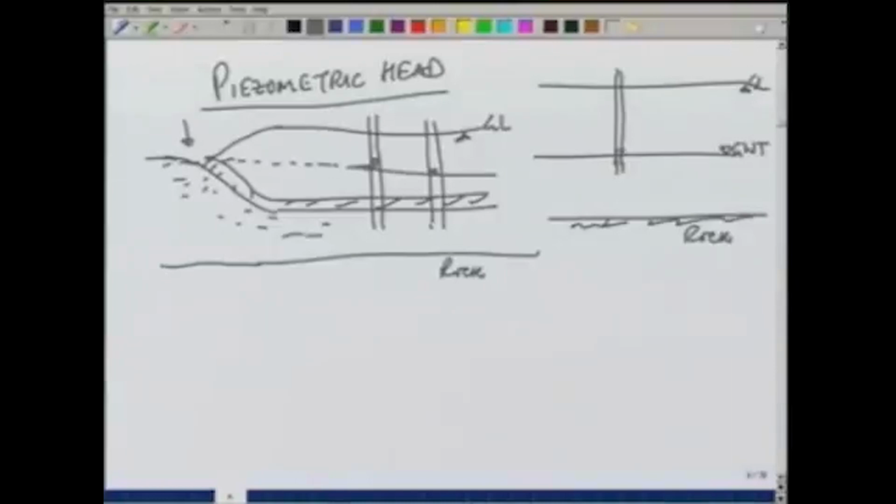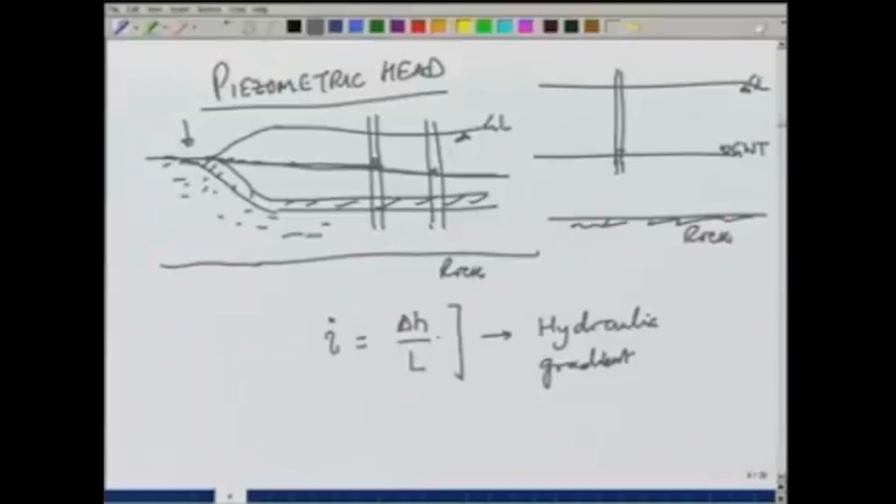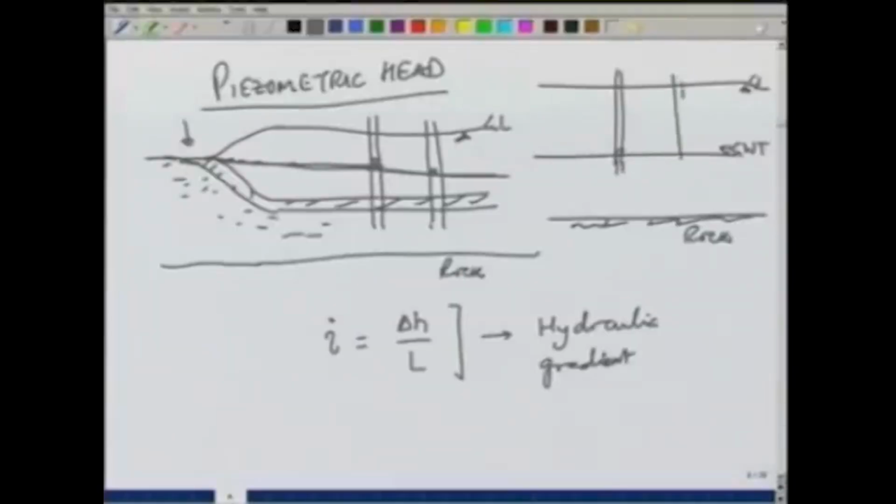So, if we plot the piezometric head, it may look like this, and the gradient of this, typically denoted by I, is called the hydraulic gradient. So, in unconfined aquifers, the hydraulic gradient will be nothing but the slope of the groundwater table, because if we put a piezometer here, water will rise up to the groundwater table.